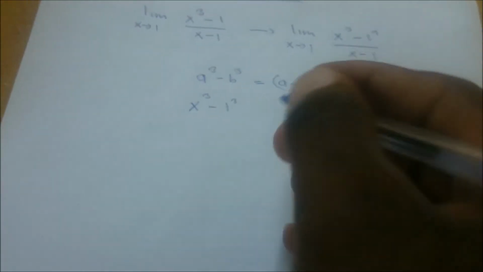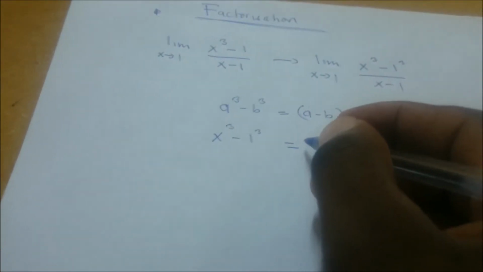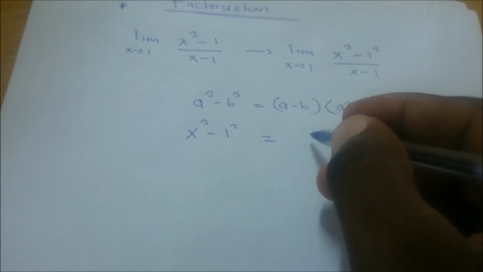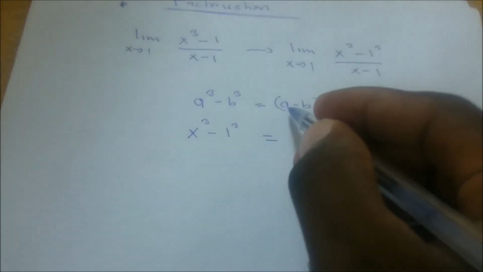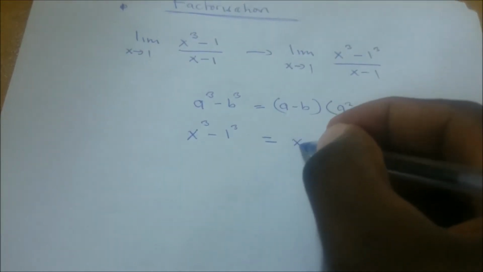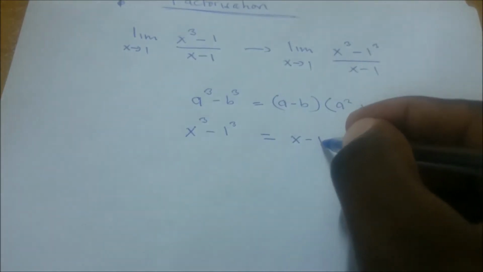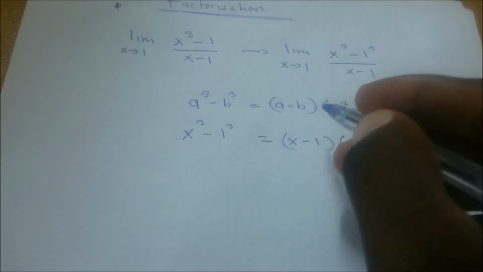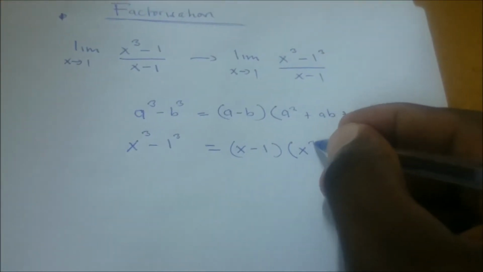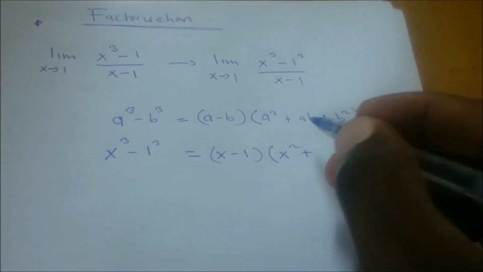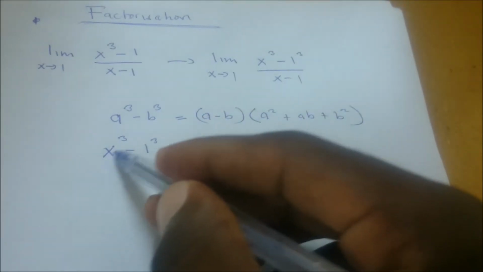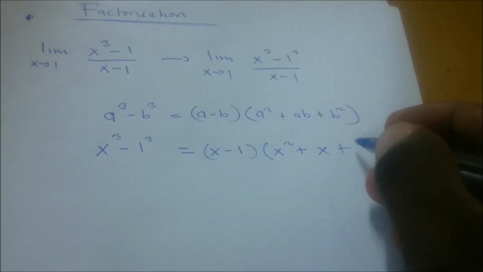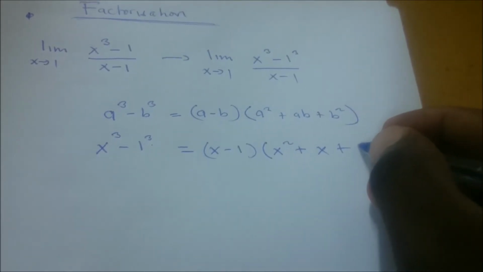So this one will be equal to x minus 1, our a is x, minus our b is 1. Then our a is x, which is supposed to be squared, plus our a and b, we just multiply a times b, which is just x, plus our b squared, which is 1 squared, 1.